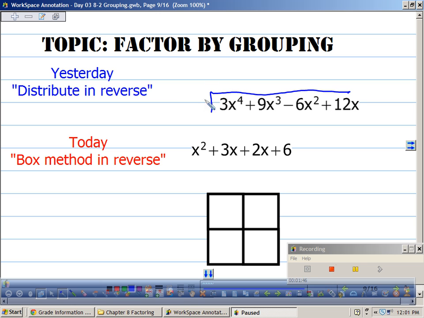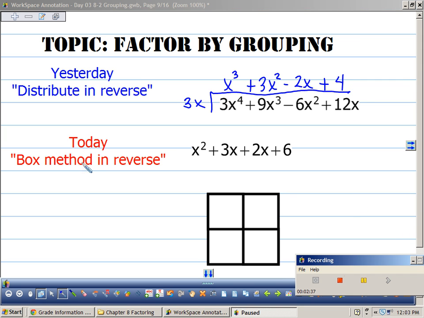What's the greatest common factor? They have a 3, and they all have an x. So if I take 3x, what would I multiply 3x by to get 3x to the fourth? x cubed. And 3x squared, negative, good job, and positive 4.